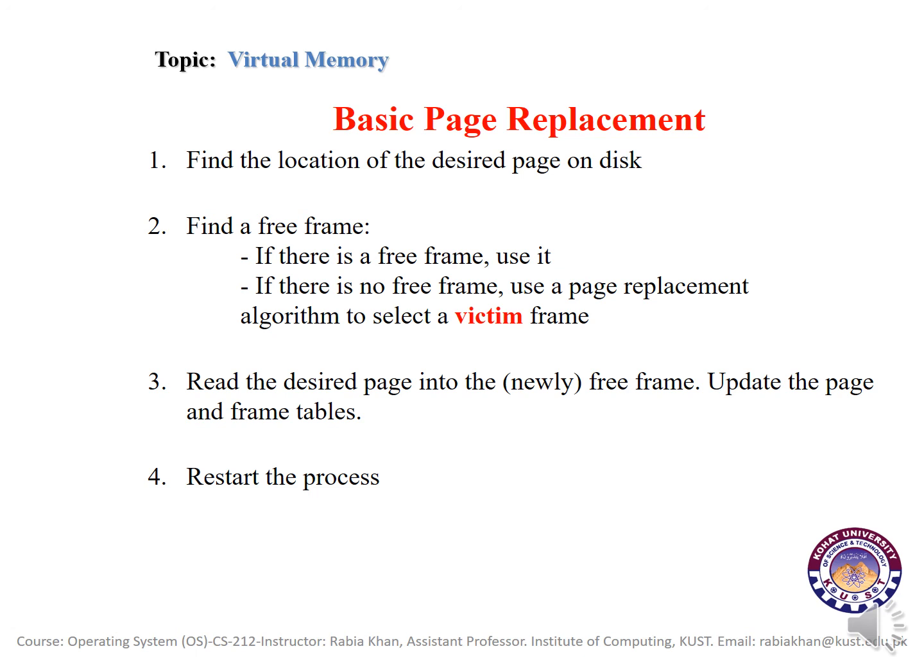The page table entries of both the pages are updated: the one swapped out and the one swapped in. The swapped out page now has its valid invalid bit reset to 0, which was 1 before swapping, while the swapped in page had its valid invalid bit set to 1, which was 0 earlier.